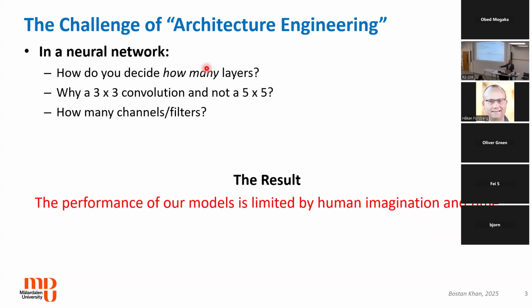But in later iterations, VGG19 and ResNets mostly used 3 by 3 kernels. So that was a shift from larger kernels to smaller kernels. And also, how many channels or filters do we use at each point in the deep neural network? So the performance of these models is limited by human imagination and time.